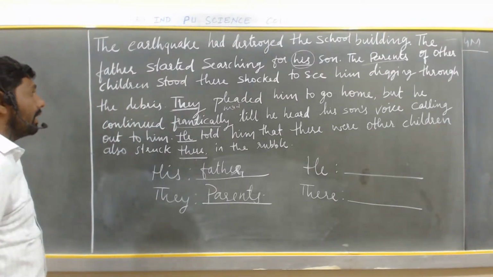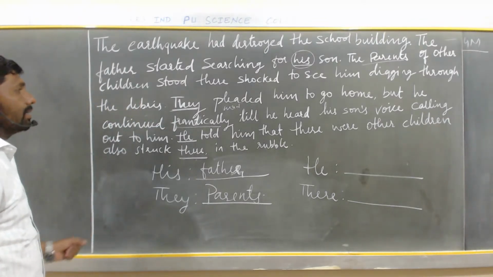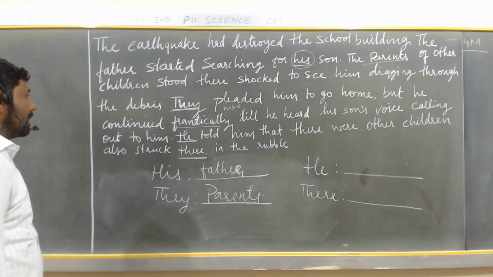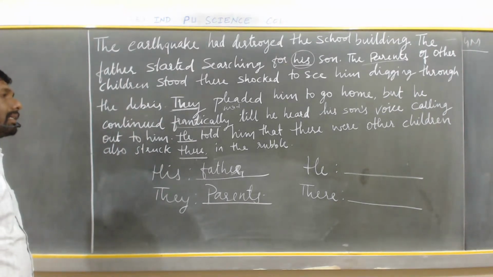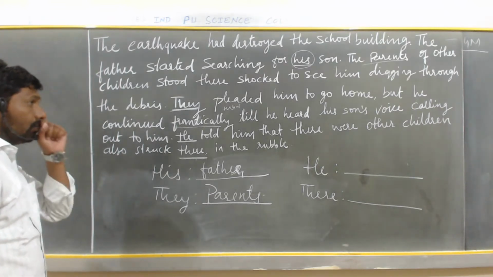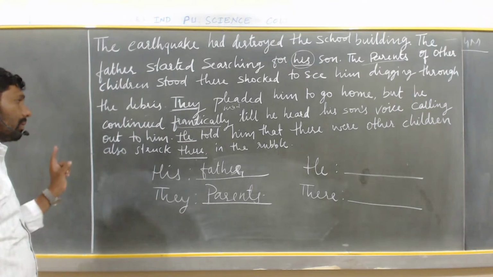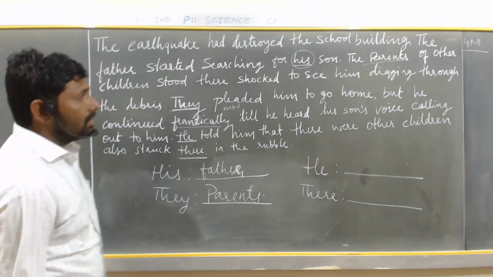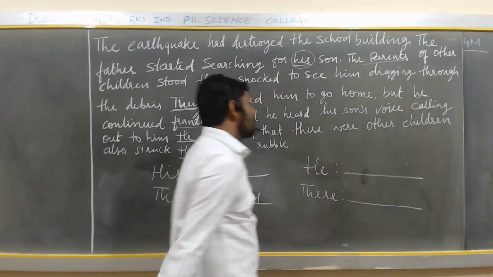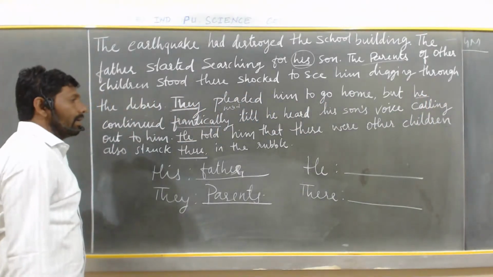Next, they pleaded with him to go home, but he continued frantically till he heard his son's voice calling out to him. Here, he is also used for father. He told him.